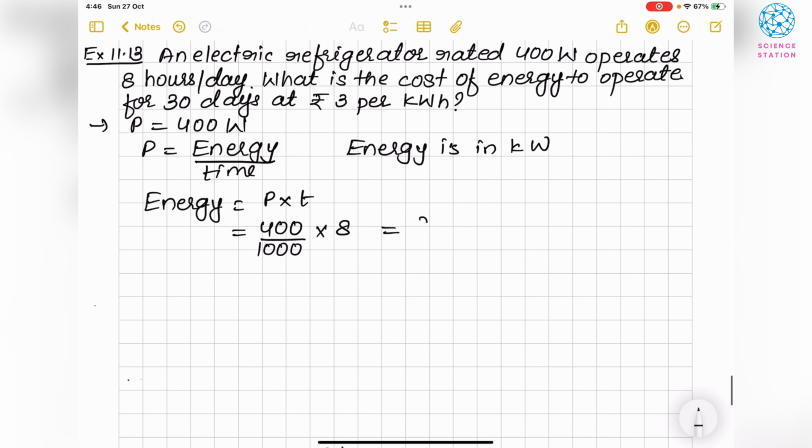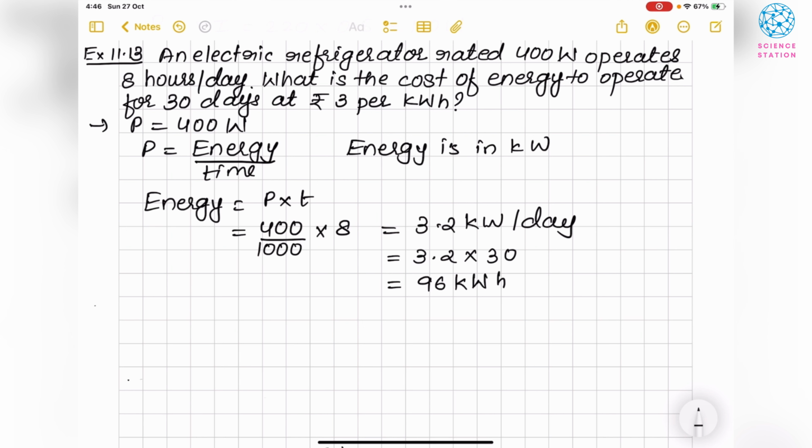That will be equal to 3.2 kilowatt hour per day. For 30 days, 3.2 into 30, so that will be 96 kilowatt hour.